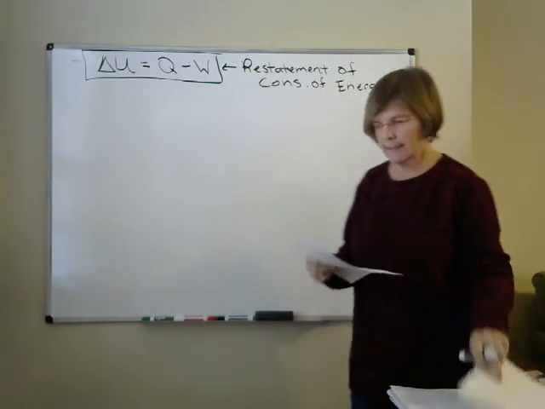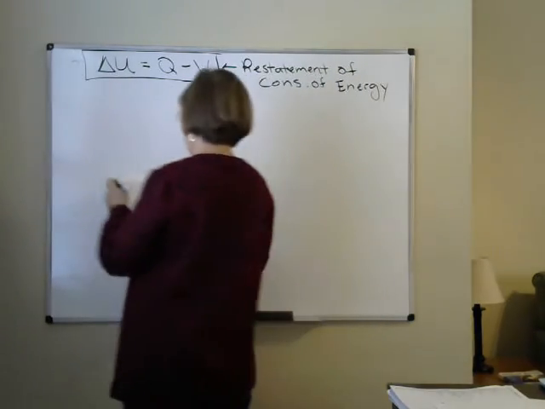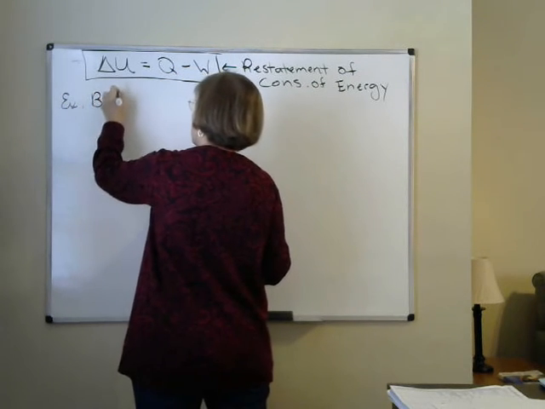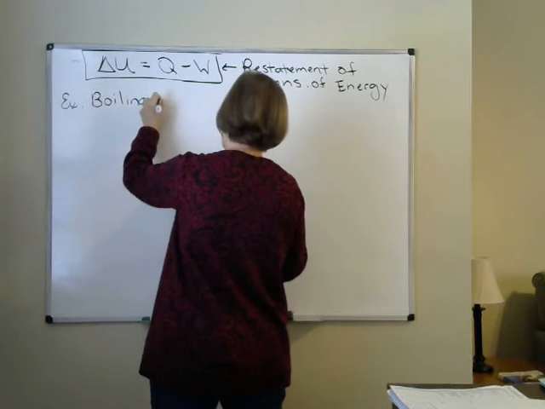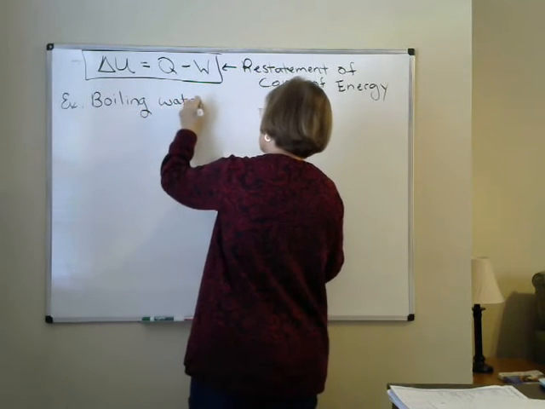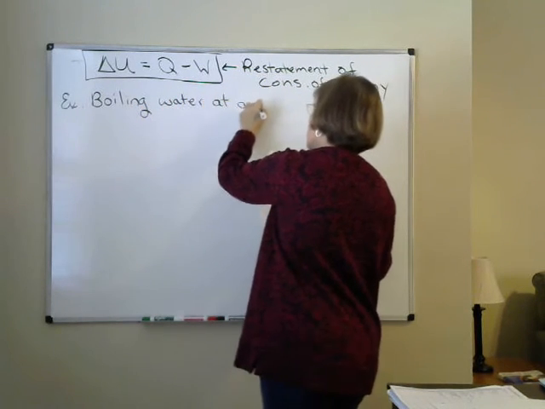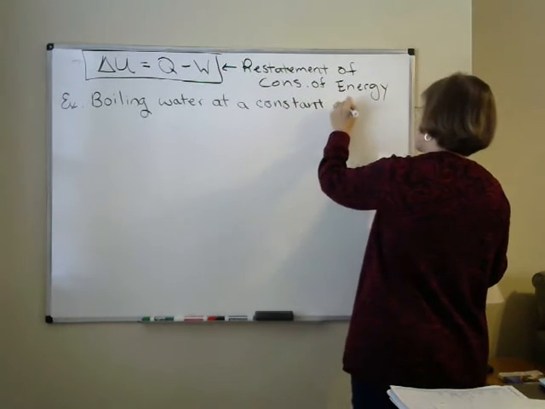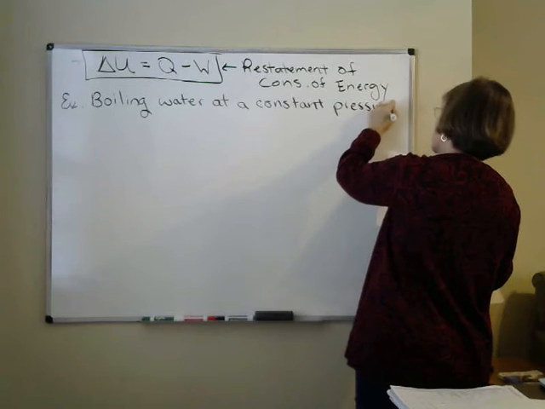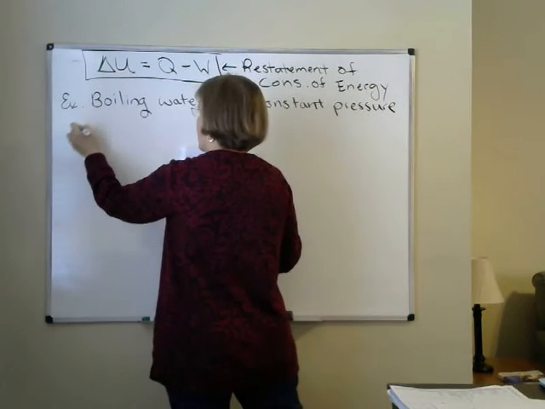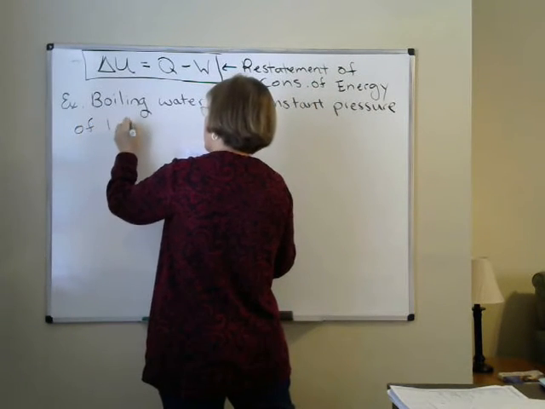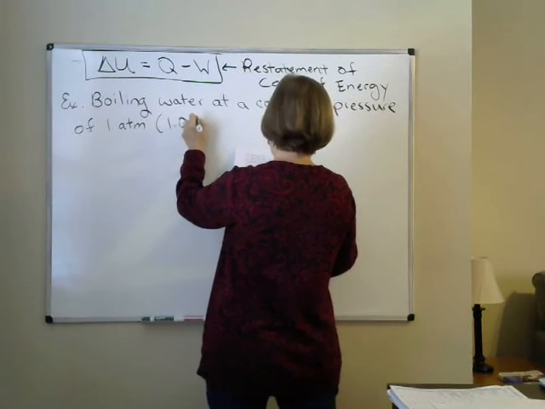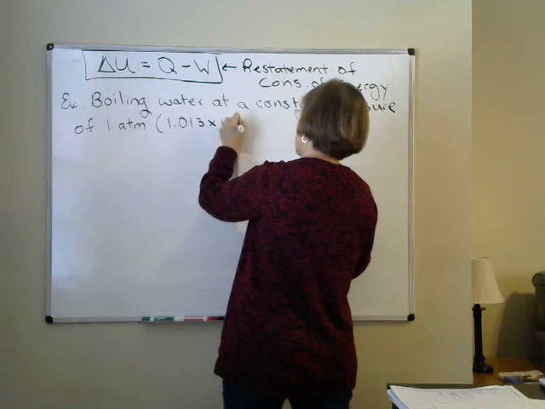So let's work an example. This example has to do with boiling water at a constant pressure of 1 atmosphere, or 1.013 times 10 to the 5th Pascal.